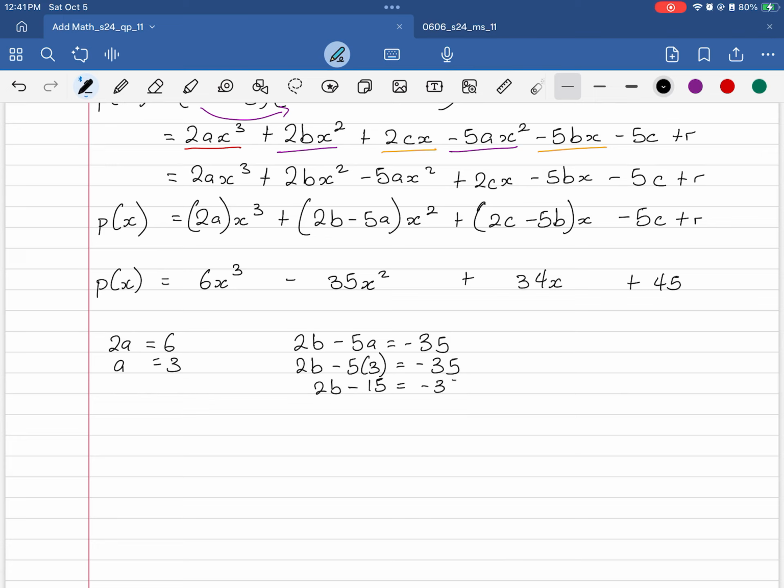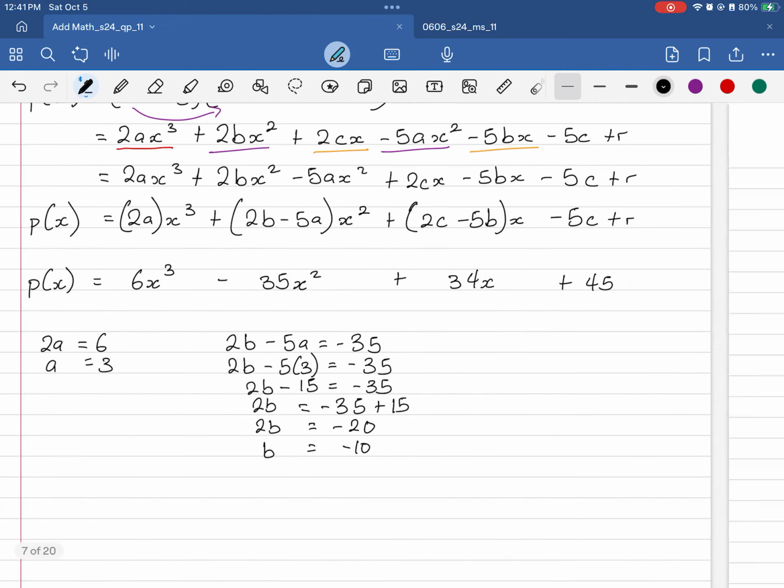If we add 15 to both sides, we get 2b equals minus 35 plus 15. You have that 2b equals minus 20. So b is minus 10. Minus 20 divided by 2 is minus 10.